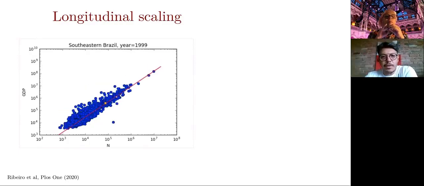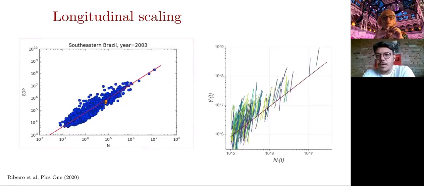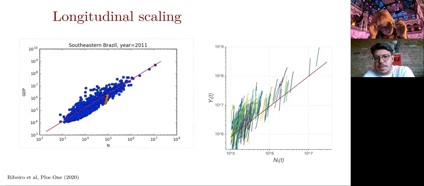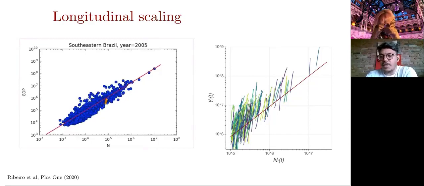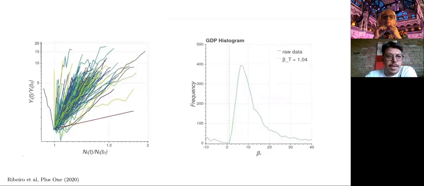The first thing I note is that when I plot the trajectory of the city, the slope of the individual city is apparently greater than the slope of the transversal scaling of the system of cities. When you put all the trajectories in the same area, you can see that the slope of the individual city is greater, and it is distributed around a mean value.